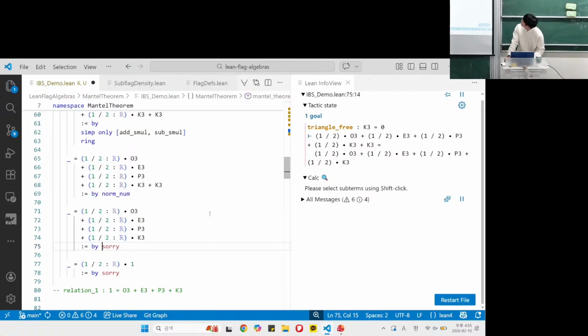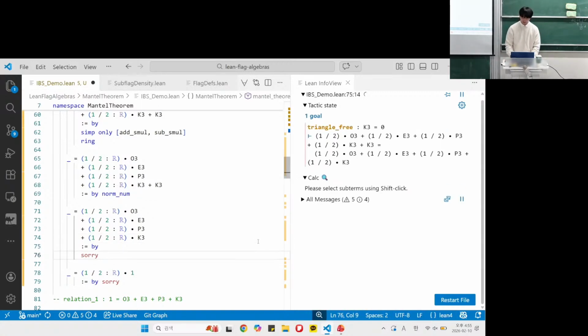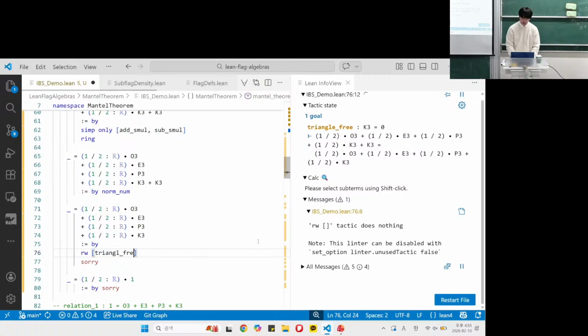Next, we will remove this k3 by using the assumption triangle 3. It's the same as before. Let's just write rw with triangle 3.